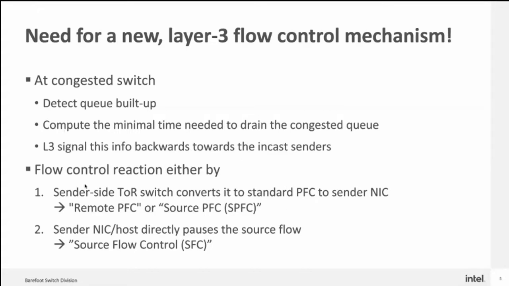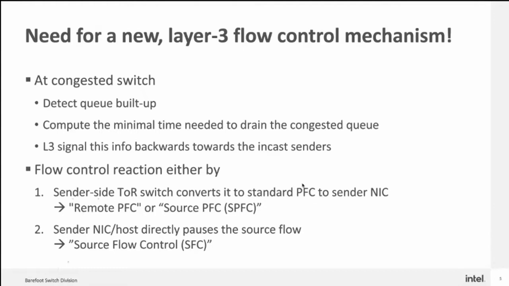And now we have two flavors, as mentioned in the title of this talk. There's remote PFC and source flow control. The first approach that we can take is that we send the packet back to the sender of the traffic, but the sender-side first-stop switch in the network, the top of rack switch, the TOR switch, intercepts the packet and converts it to a standard PFC frame.